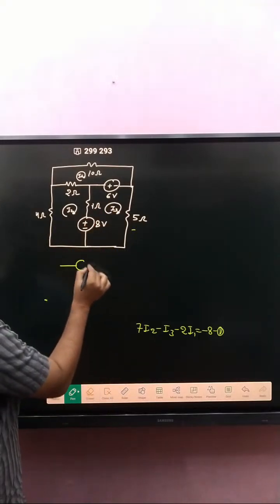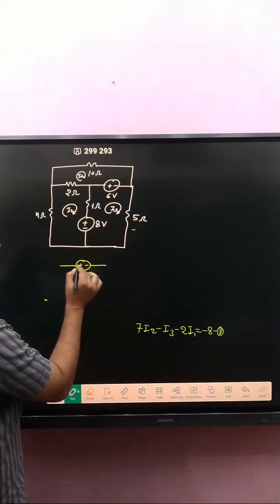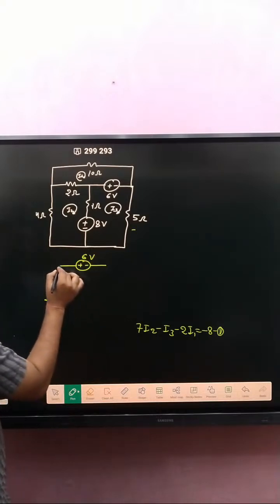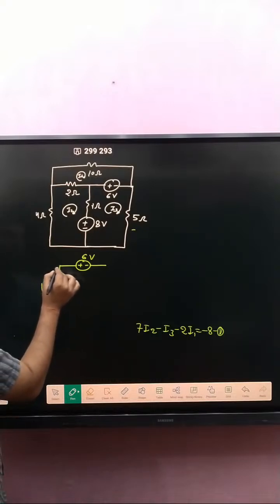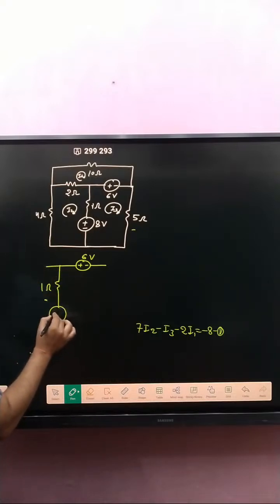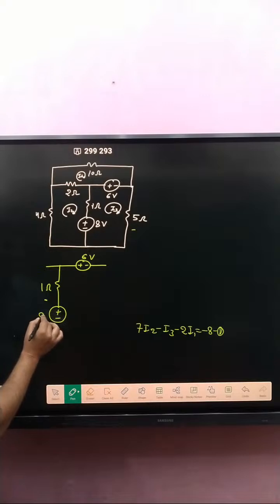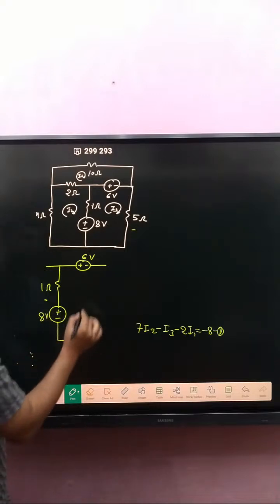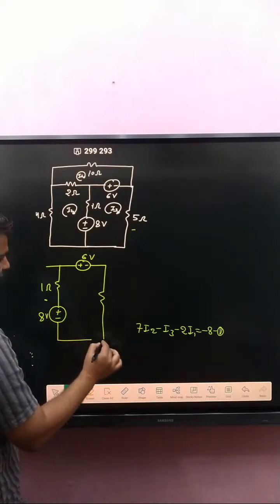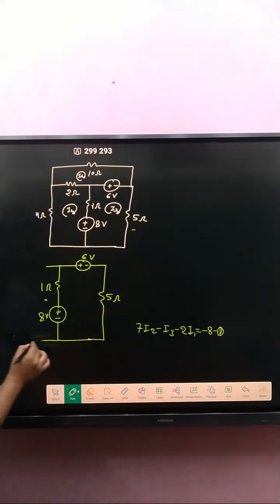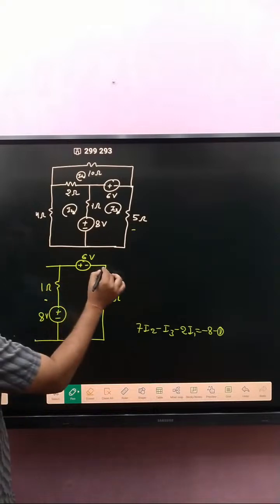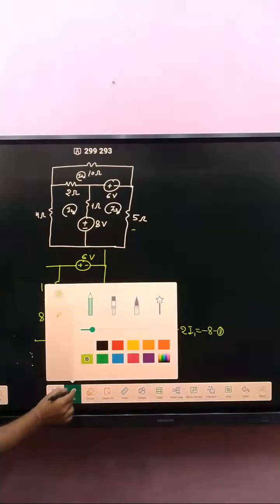If you focus on that one, plus minus, that is 6 volt, and that one is 1 ohm. Okay, and that is plus minus 8 volt, and that one is 5 ohm.